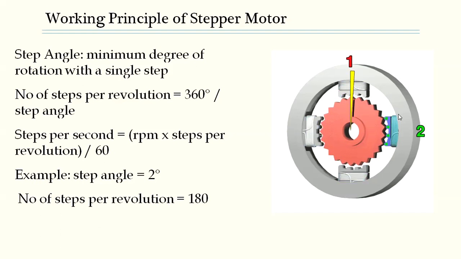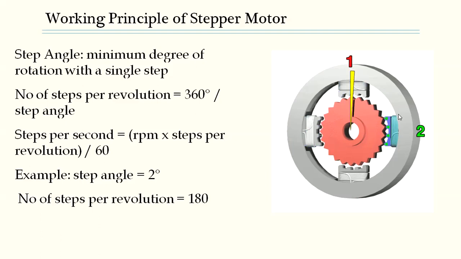In order to calculate how many steps the stepper motor has to take, or what angle it has to rotate, we need to know the step angle. The number of steps per revolution is given by 360 degrees divided by the step angle. What is 360? It's one complete rotation.